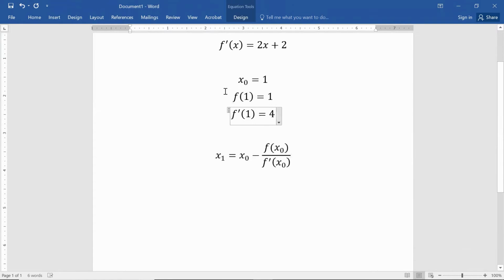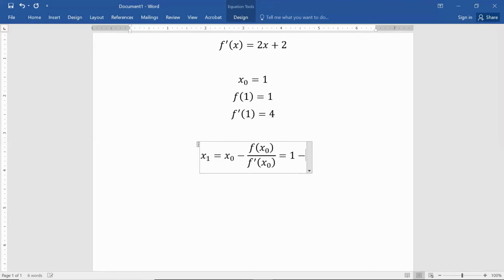So we take that information and we calculate our next guess. Our next guess will be 1 minus f of x naught, in this case 1, over f prime of x naught. By the way, I keep saying x naught because that's another way of saying x0.